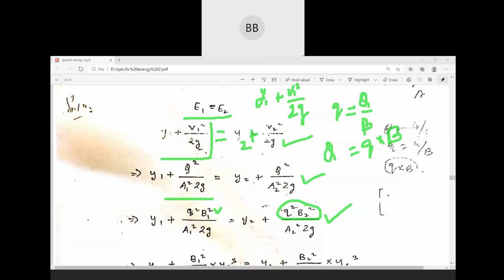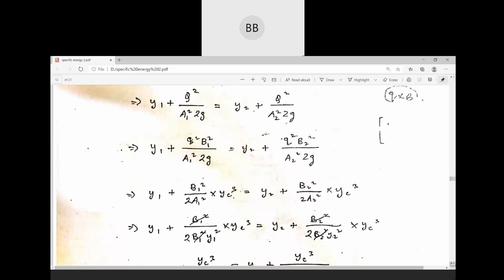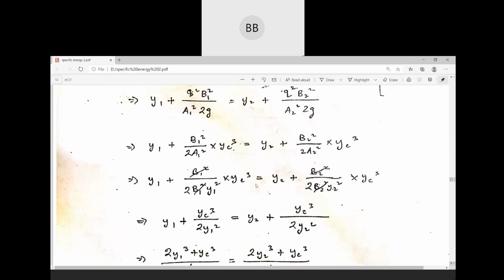So after that, we have replaced the discharge by small q multiplied by b. The next line, then we know yc cube is equal to q square divided by g. You have q square divided by g, and other terms will remain the same.